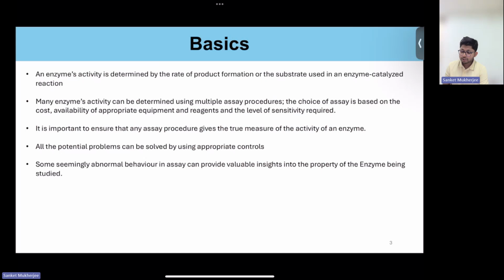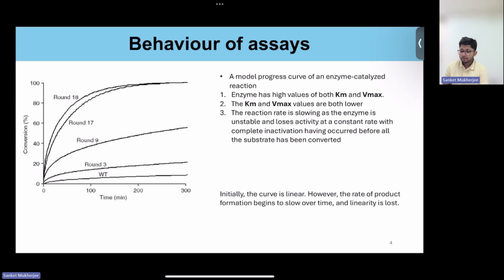It is important to ensure that any assay procedure gives the true measure of the activity of an enzyme. All the potential problems can be solved by using appropriate controls. Some seemingly abnormal behavior in an assay can provide valuable insights into the property of the enzyme being studied, right?